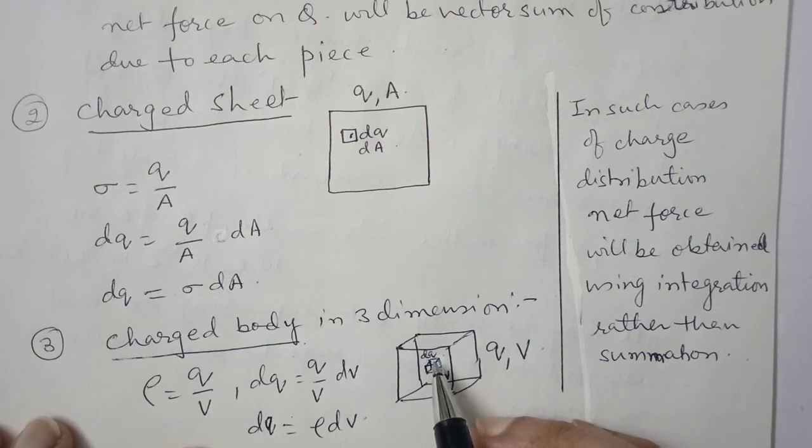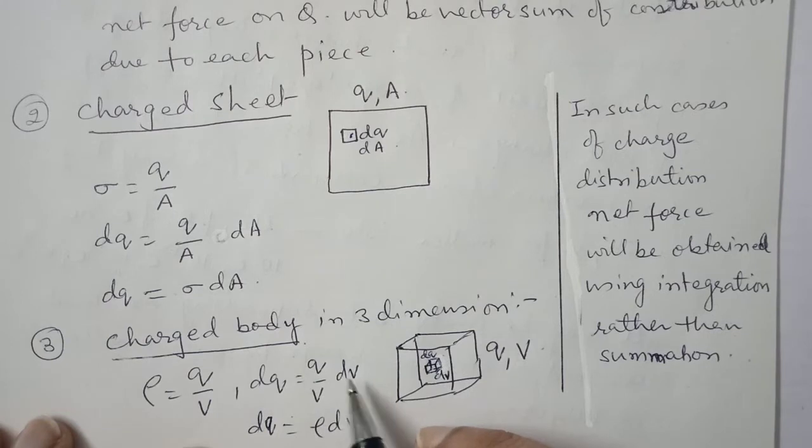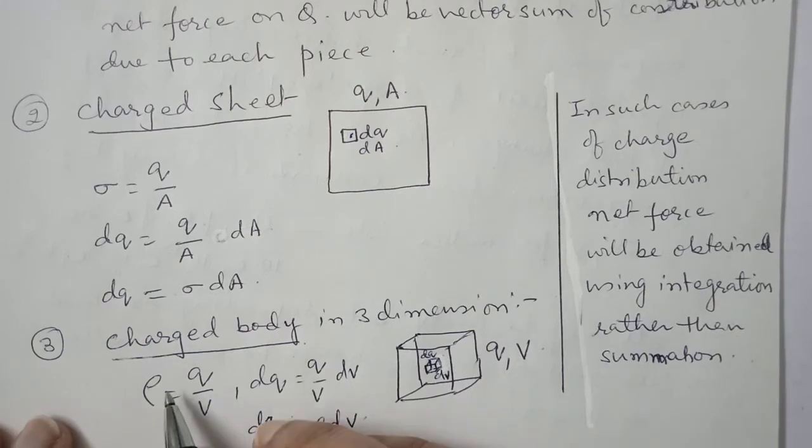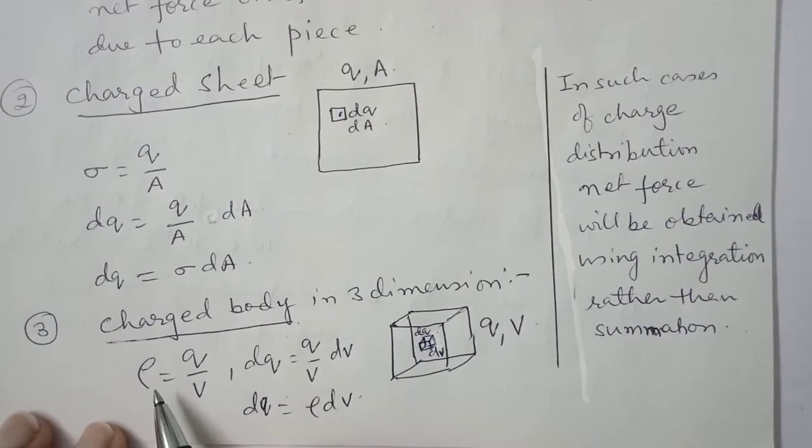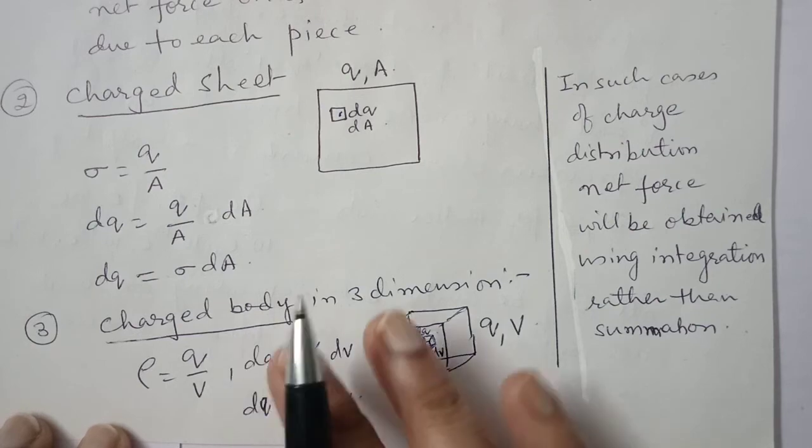Now if I take a small piece out of it of dV, then this will carry small charge dq, and I can give this dq as Q by V into dV, and Q by V is volume charge density, or usually called charge density, as we know mass density. Mass per unit volume is density. Similarly, here it is charge per unit volume as charge density.